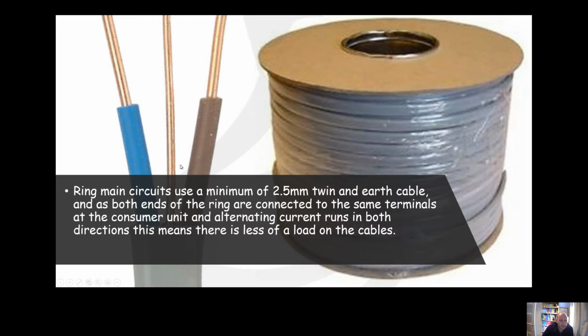CPC stands for circuit protective conductor. You might often see it as CPC instead of earth. It's unsheathed, it doesn't have anything on it, so we would need to add a sheath to make it safe whenever we connect it. So ring main uses 2.5mm twin and earth cable.